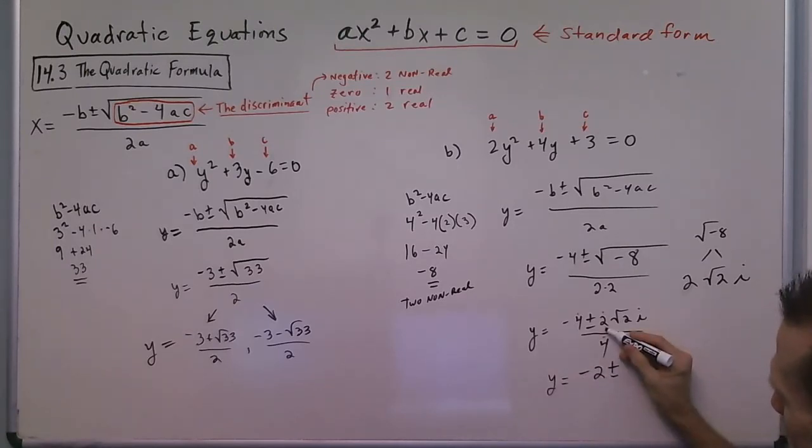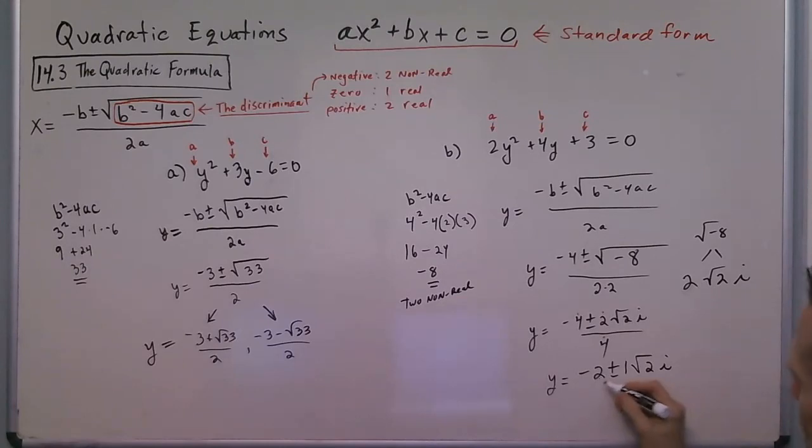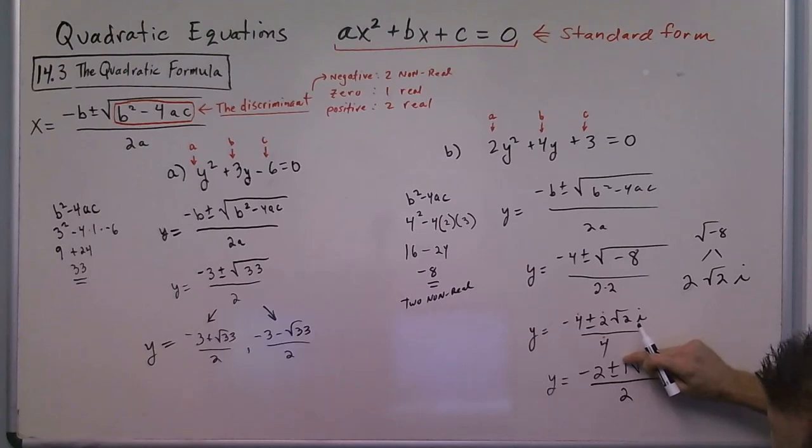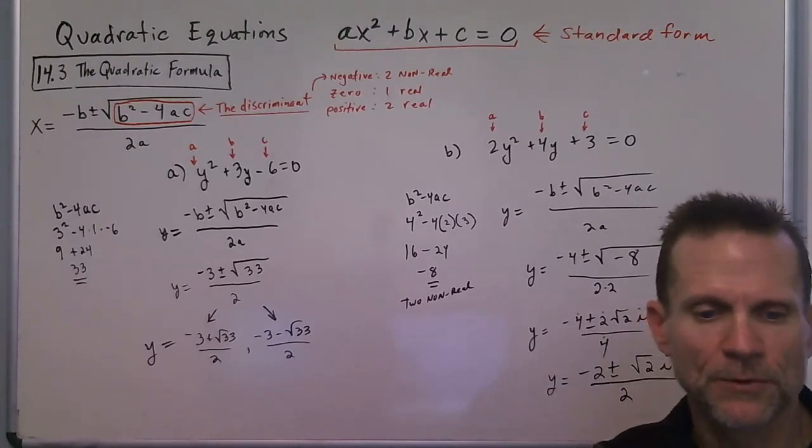If I divide this by 2, I get 1. And if I divide the denominator by 2, I get 2. So this answer is nice, but remember we don't need this 1 here, so it's a good idea to not type that 1 in for your solution. Okay, we'll look at a few more.